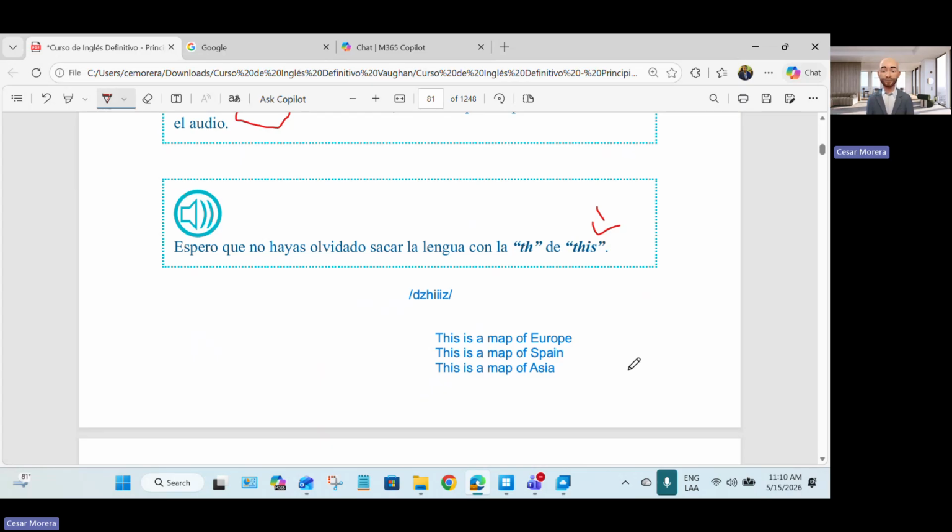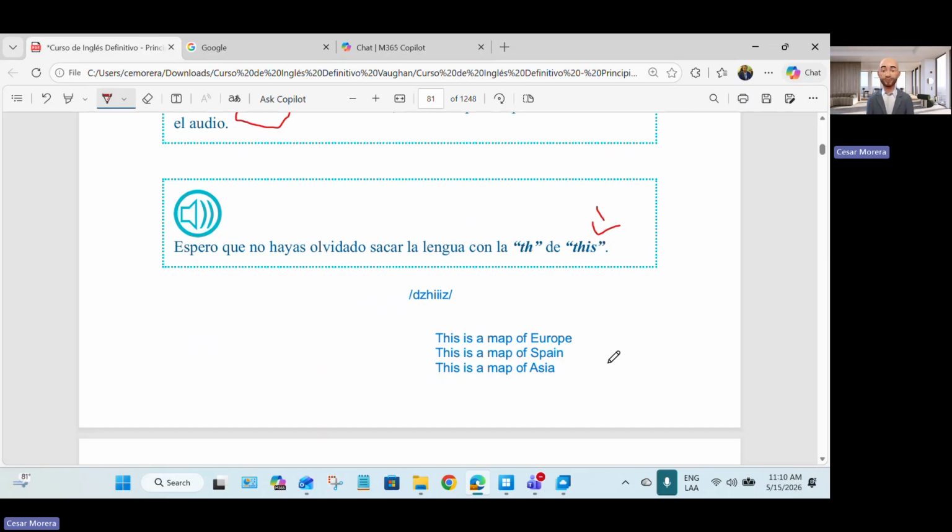So we have this is a map of Europe. This is a map of Spain. Remember the E sound, it will be only the S pronunciation in this one. This is a map of Asia, meaning that in order to pronounce this word correctly, you will not use the E sound like Spanish words.